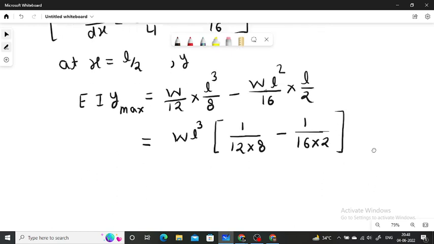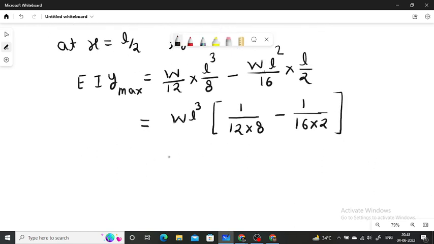Now WL cube upon 8 into 4. This will be 1 by 3 minus 1.